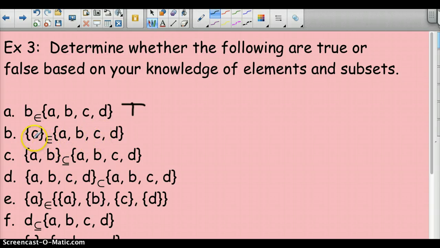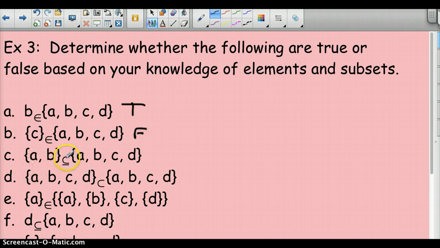Well, you may look and go, I see C in that set, therefore it is definitely an element. But you don't see C with braces around it in that set. If there were braces going around this C inside this set, yes, I would agree it's an element of it. But the fact that those braces are not there in this case means that this is false. Be careful, this one's tricky.